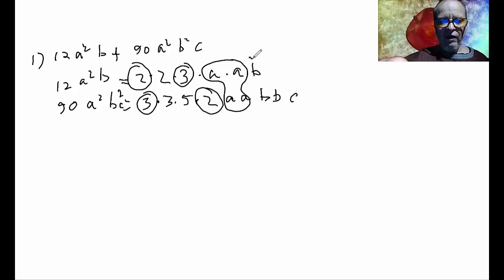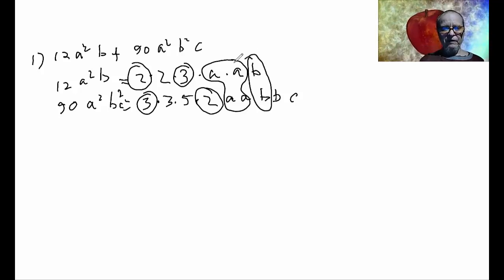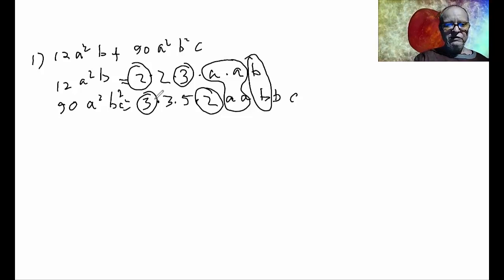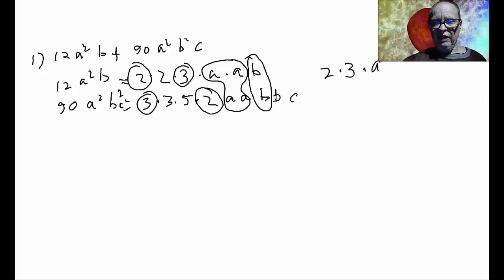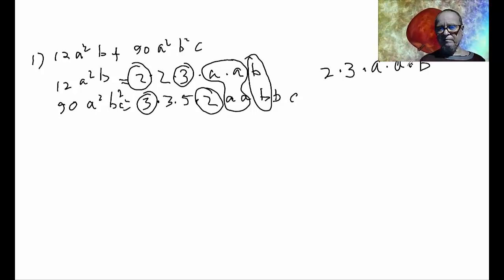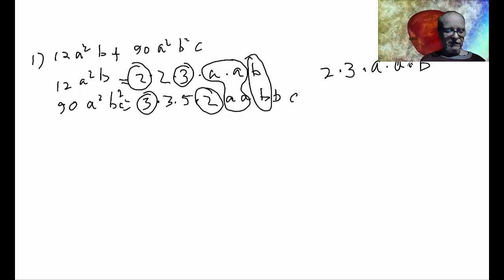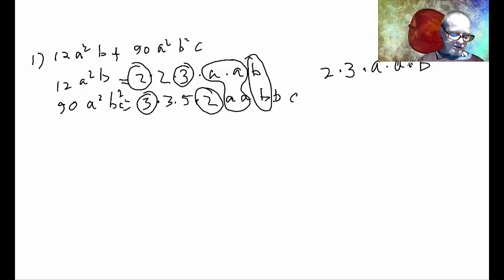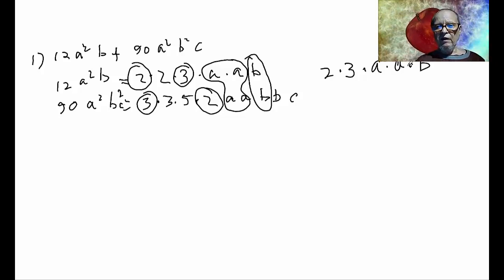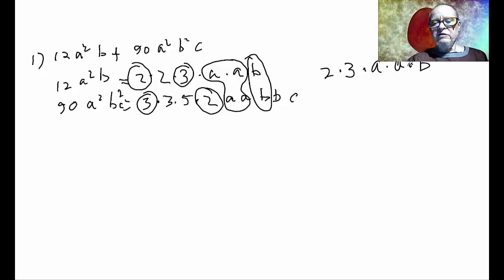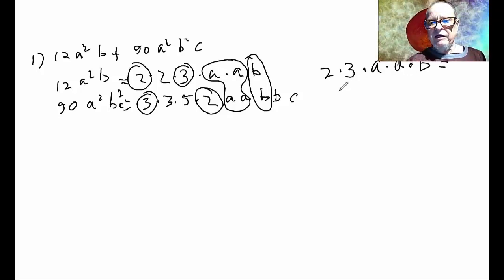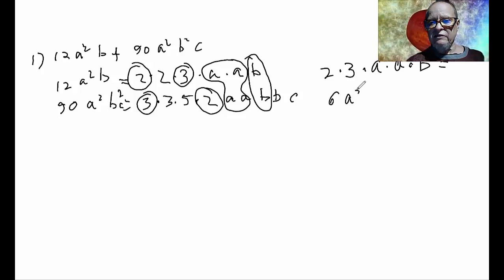And then they also have 1 b in common. So we see that they have 2 times 3 times a times a times b in common. And this is the factor, or their greatest common factor. So we see that that is equal to 6a squared b.